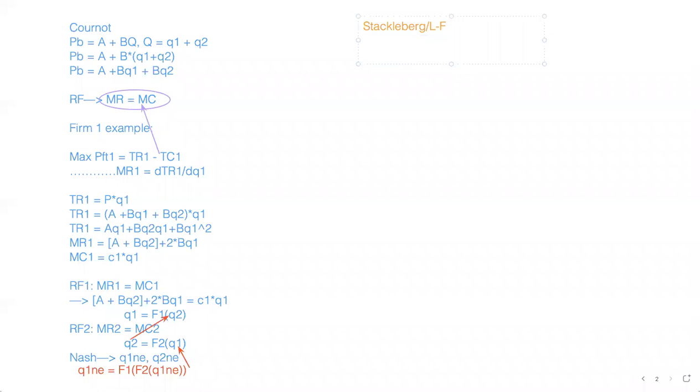In almost all the problems that we have, I think all the problems we have, we're going to assume that firm 1 is the leader. And so what it means for firm 1 to be the leader is that firm 1 knows the reaction function of firm 2. So firm 1 is going to go ahead, and I'll start down here because everything else is the same.